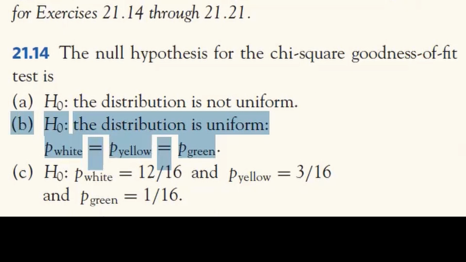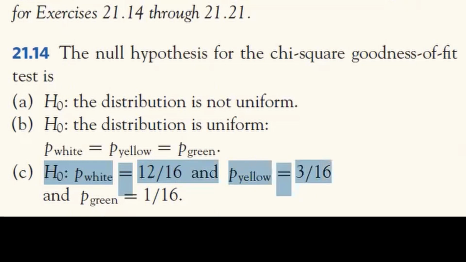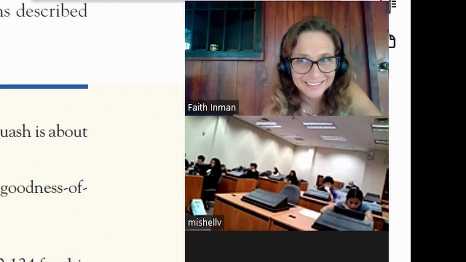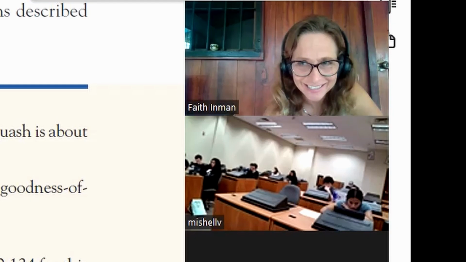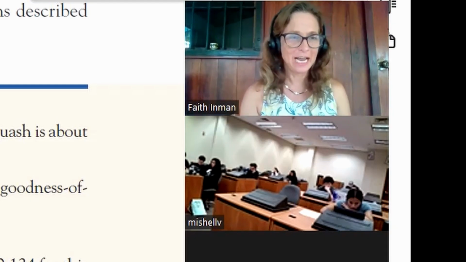The three different kinds of squash. Or the null hypothesis is C, that the probability of being white is 12 divided by 16, probability of being yellow is 3 divided by 16, and the probability of being green is 1 divided by 16. If you think about it, you can answer this question. Read through the example. You can answer this question.